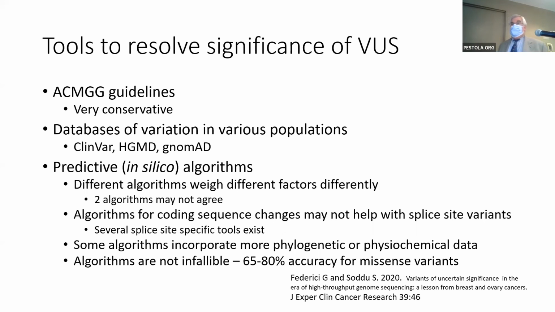Okay. Some of the algorithms do incorporate some of this phylogenetic, i.e. it's invariant across multiple different species, or physical chemical difference, because they can read the chemistry books. But their accuracy, 65 to 80%. Algorithms are better than a coin flip, but it depends.